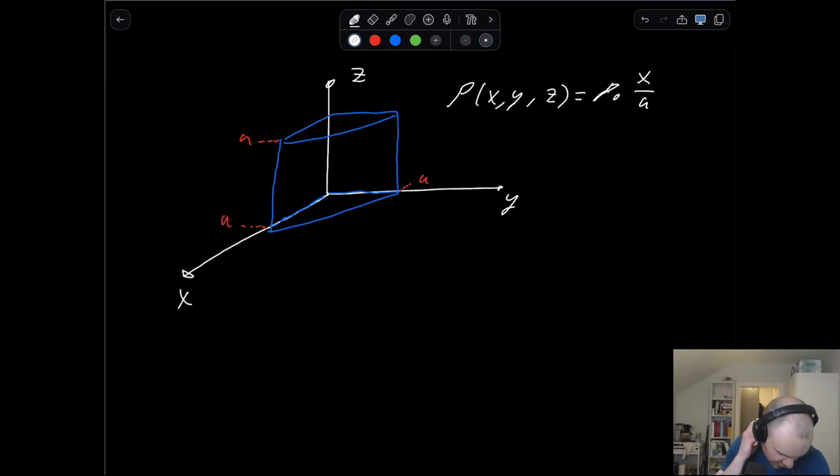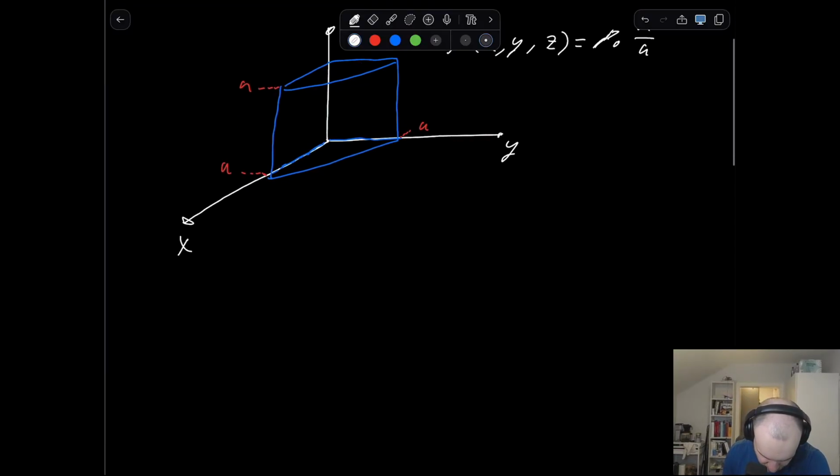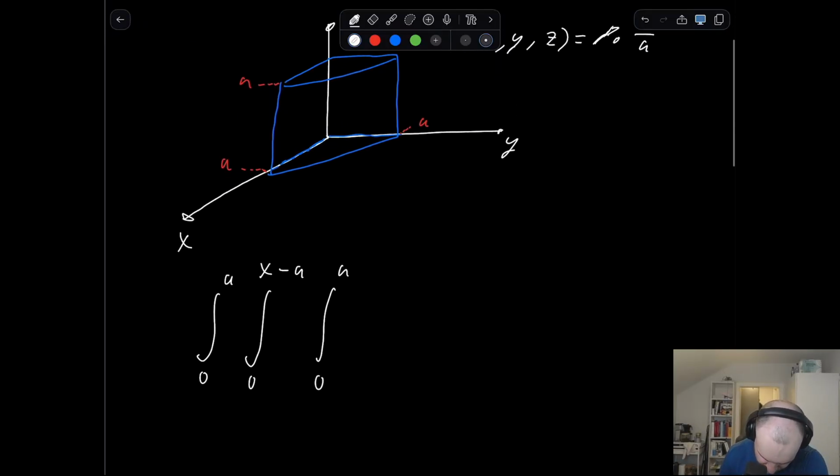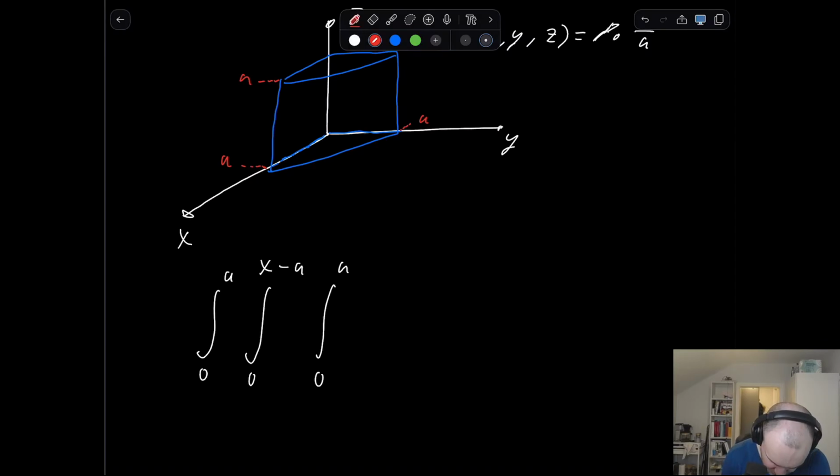So the first task, of course, is to get the volume here. The volume is pretty easy. So for the x is just 0 to a, and for the y-axis is x minus a, and for the z-axis is of course a. Y is x minus a, so it's of course this guy. This line here is represented as x minus a.